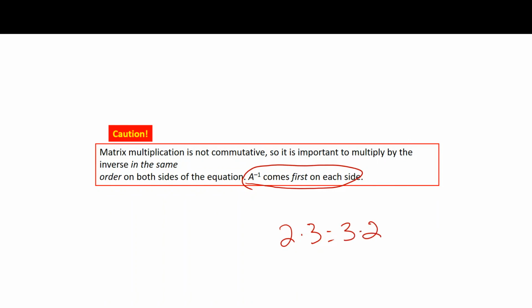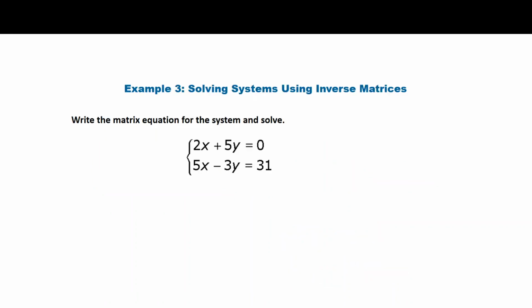That means it's commutative. But matrix multiplication is not like that. It's more like subtraction. We know that 2 minus 3 is not the same as 3 minus 2. So you have to keep the order the same on both sides of the equation, and the inverse is going to come first on both sides. Okay, so that's a word of caution for you.